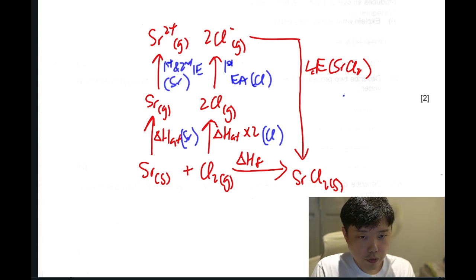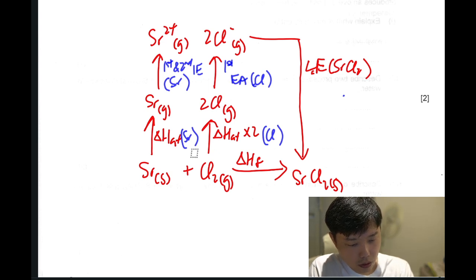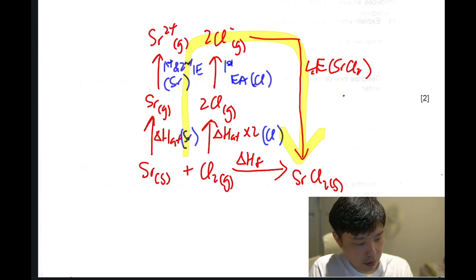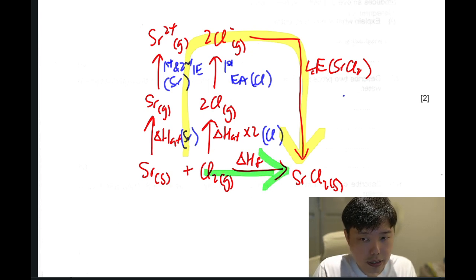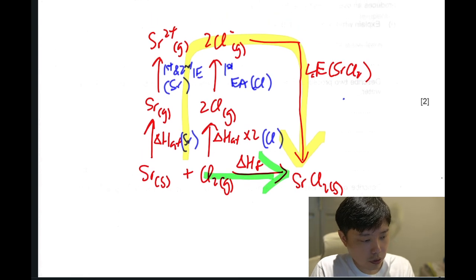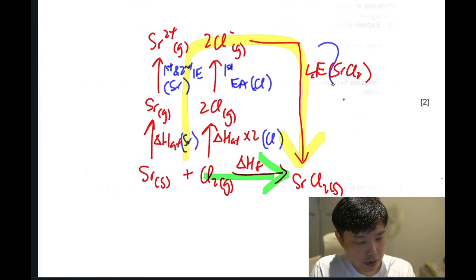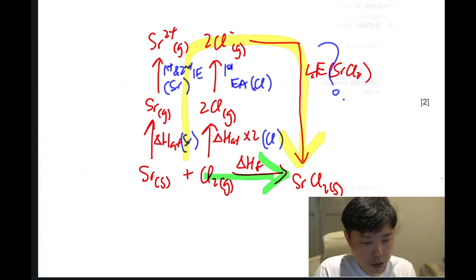Okay, so if you use your Hess's law, you're going to add all of this up, which equals delta H formation. Clockwise equals anti-clockwise. All right, then you should be able to find your lattice energy here. Okay, so that is for E part 1.